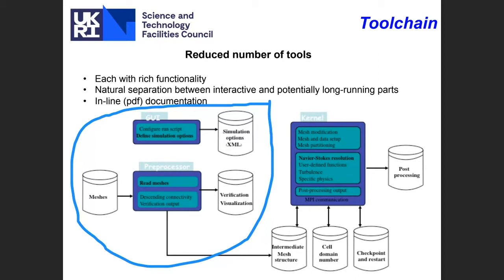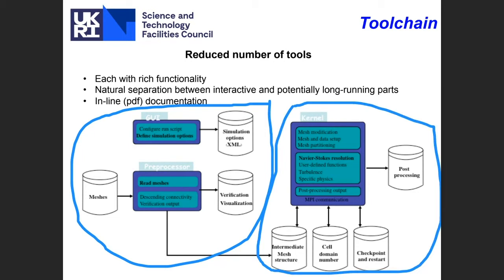But the other part, called the kernel, which was the original name actually, is all massively parallel. That means that mesh modification, mesh and data setup, and mesh partitioning are all parallel, or can all be parallel. And obviously the resolution of the PDEs is also all parallel, as well as output.